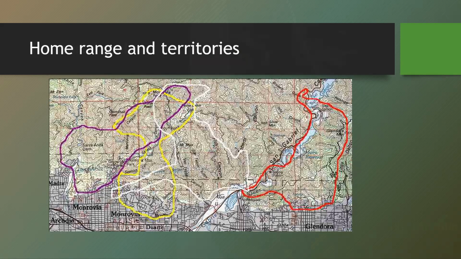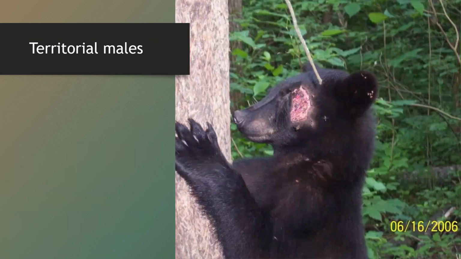And males are extremely territorial in some parts of their range, so much so that they will really be aggressive towards younger males within their range, and sometimes enact quite a bit of physical damage to a young male, as seen in this picture.